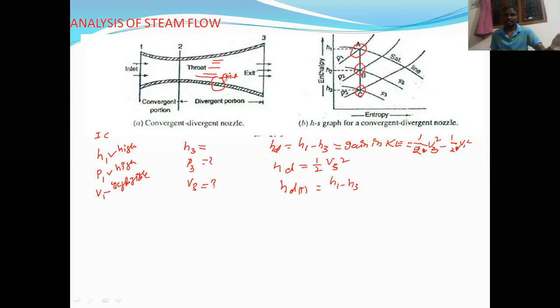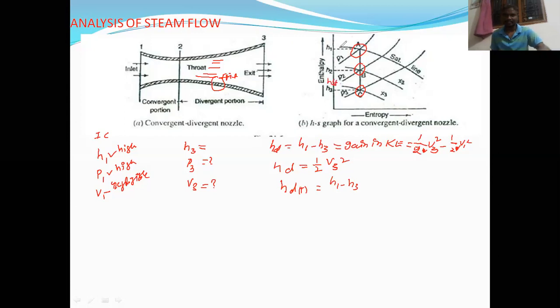So any reduction in heat drop means a reduction in velocity gain. We are expecting a heat drop from this point to this point, but because of the friction, we are getting H4.